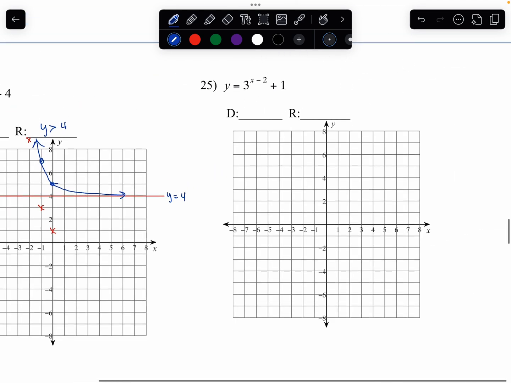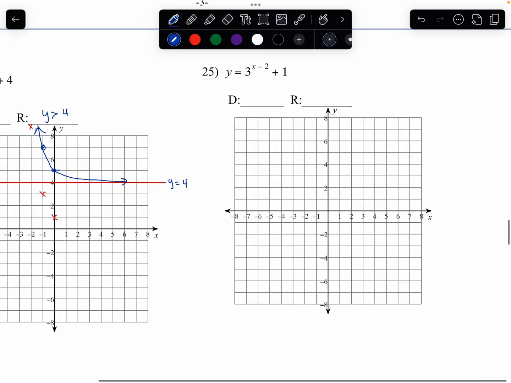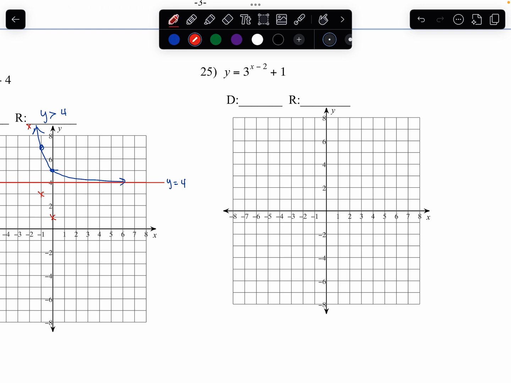Okay, now for this one, we have a base of 3 rather than 1/3, which means we're going to have exponential growth. So again, I'm going to plot my point here at 0, 1, and then we're going to triple that. So that's going to be 3 and then 9. And then these points right here are going to be moved to the right 2 and up 1. So right 2 and up 1.